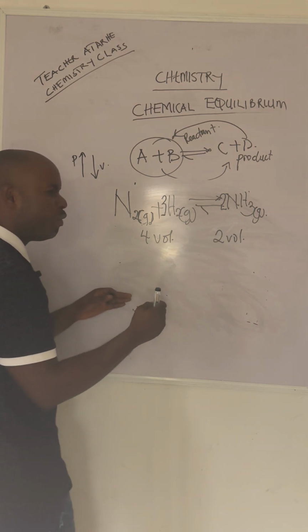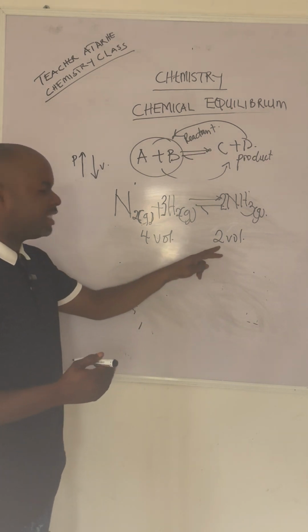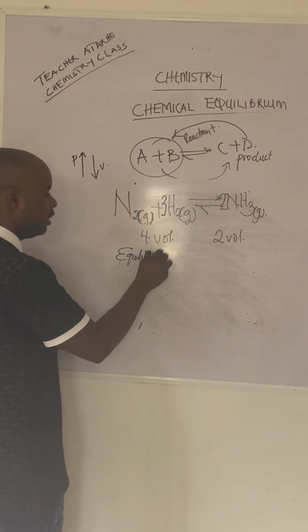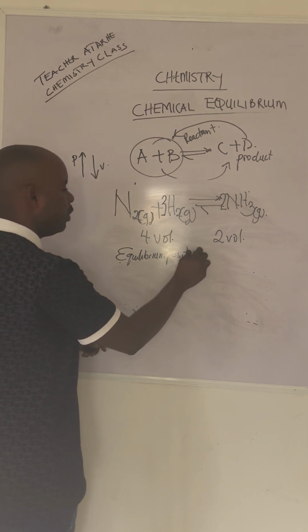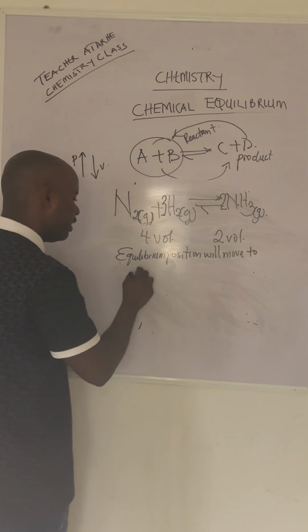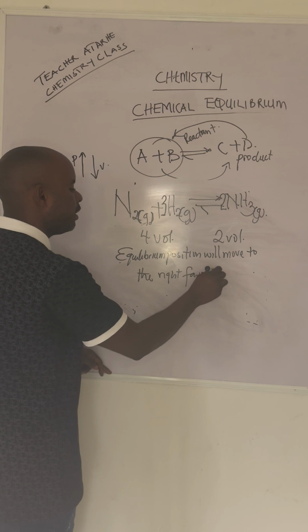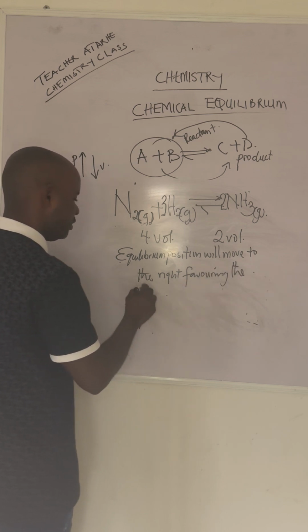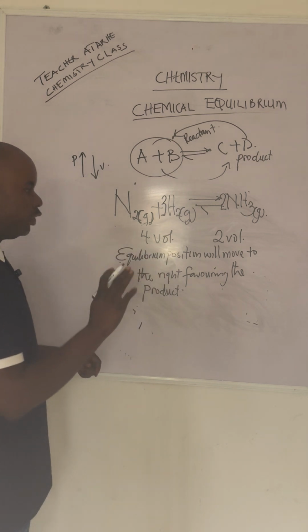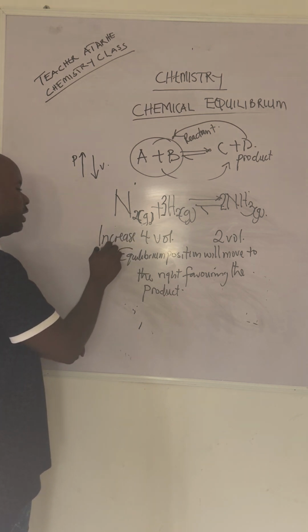So the equilibrium position is going to move to the right, favoring the product, because it has the lower volume. This is increase in pressure.